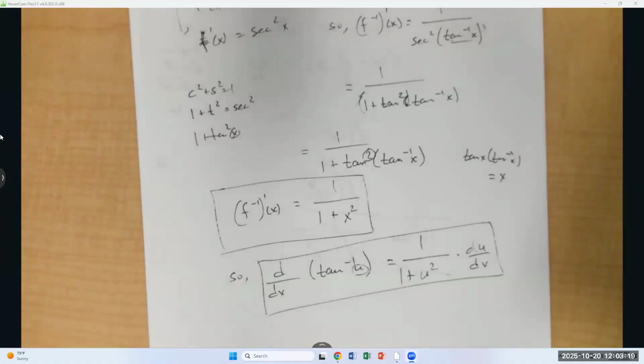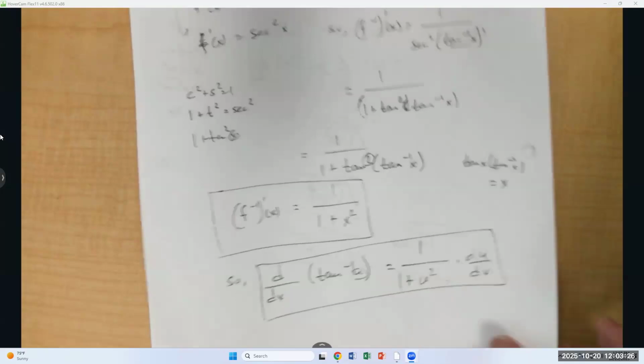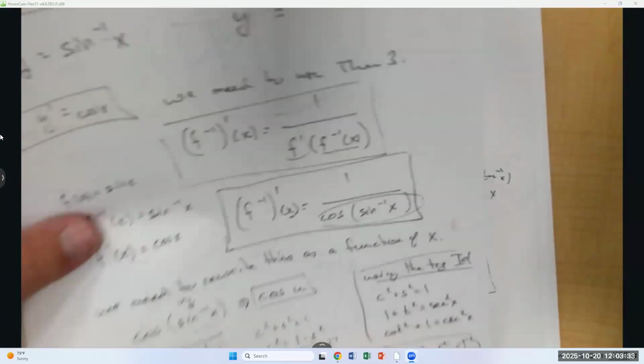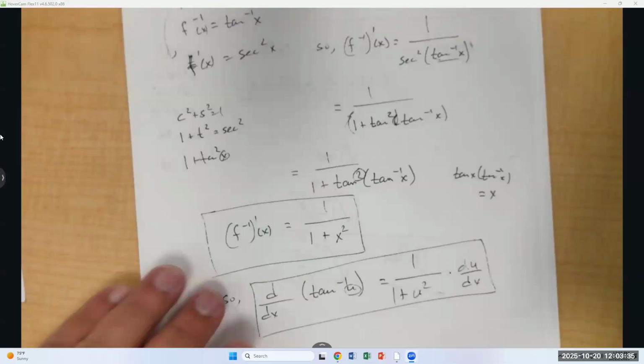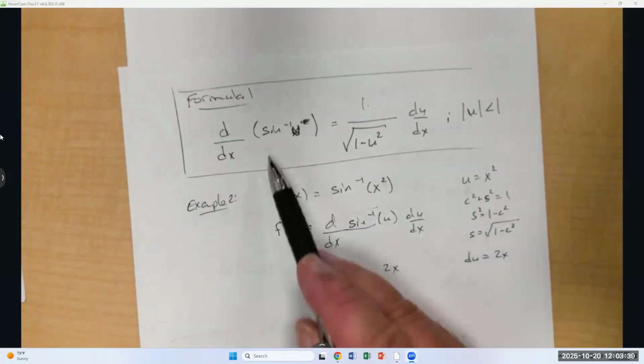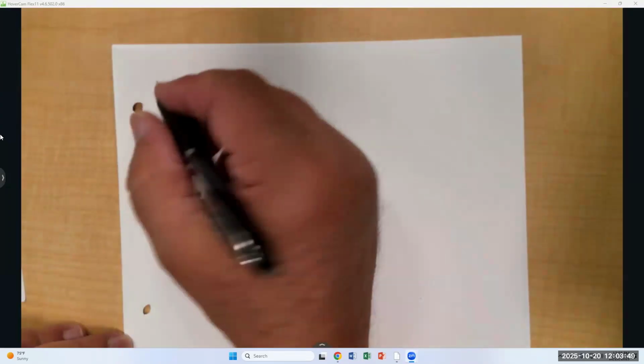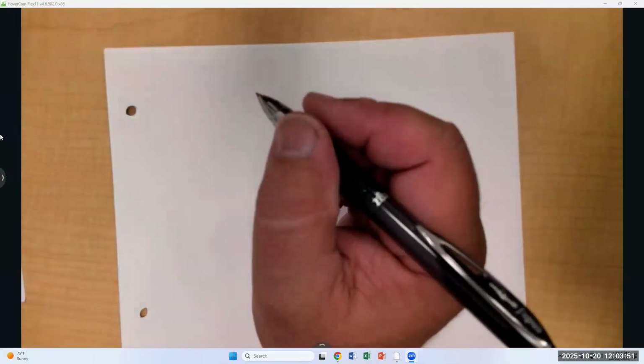So whenever you're taking derivatives of tangent functions, you use that. So we've looked at so far the derivative of sine, the derivative of the inverse of sine, the derivative of the inverse of tangent. The cosine is going to be the same as the sine one, just going to have a minus in there.